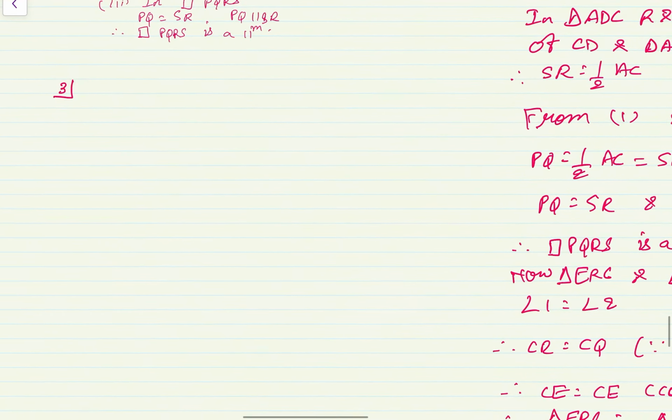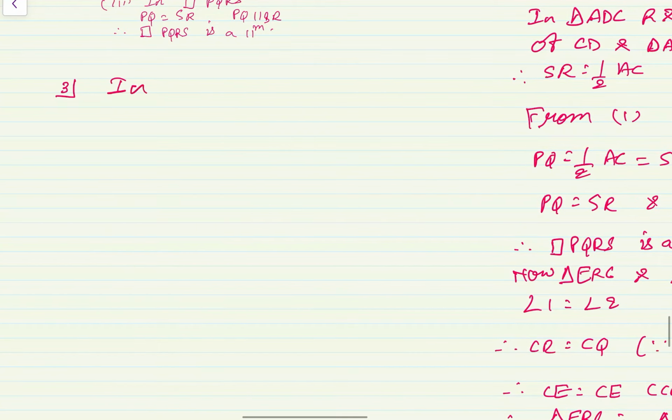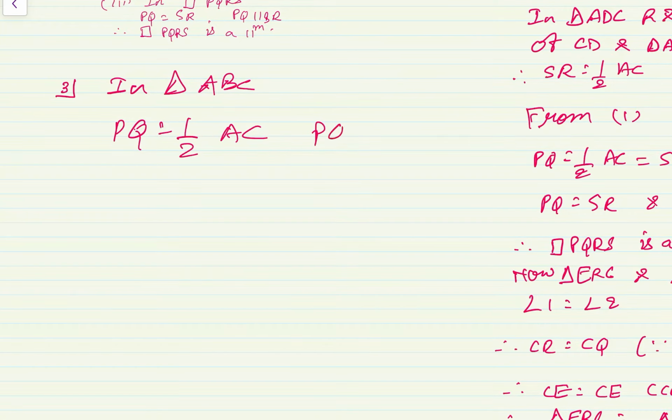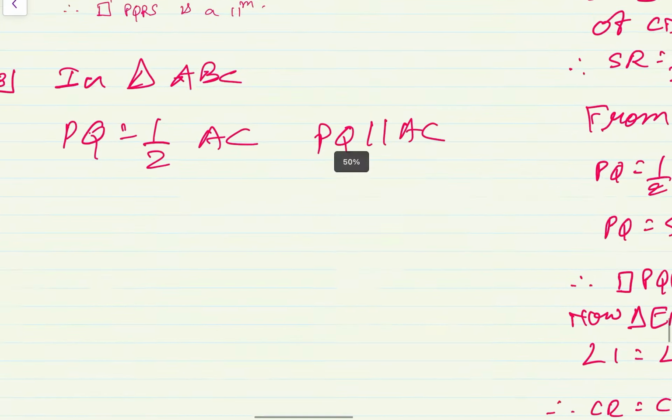You can work as follows. In triangle ABC, PQ is equal to half AC and PQ is parallel to AC by the midpoint theorem.